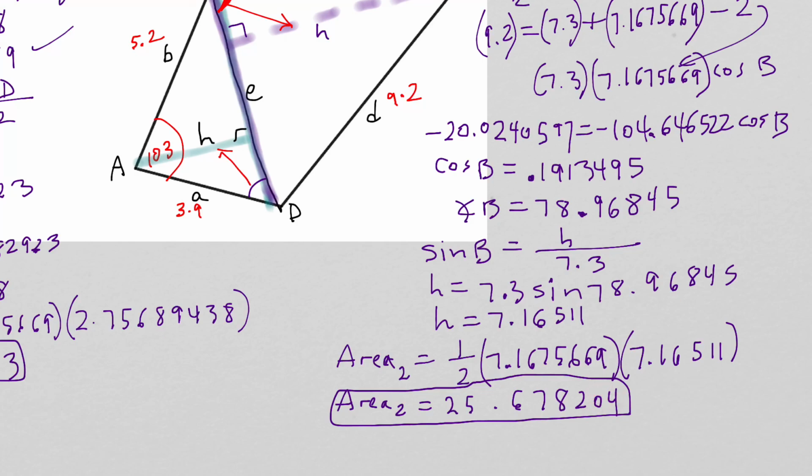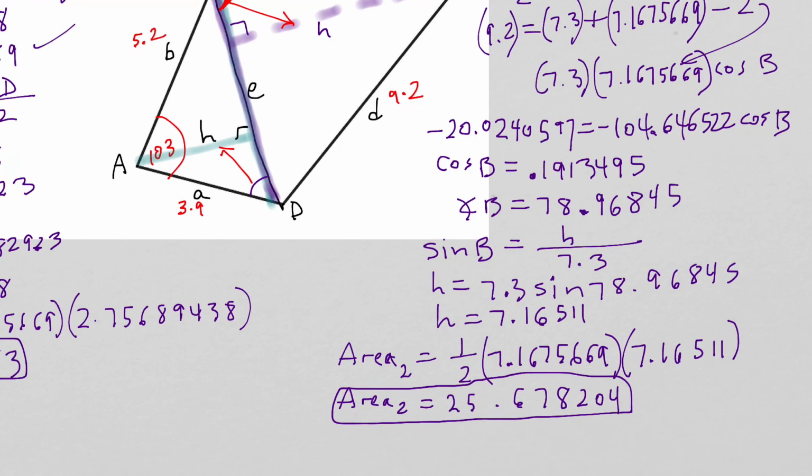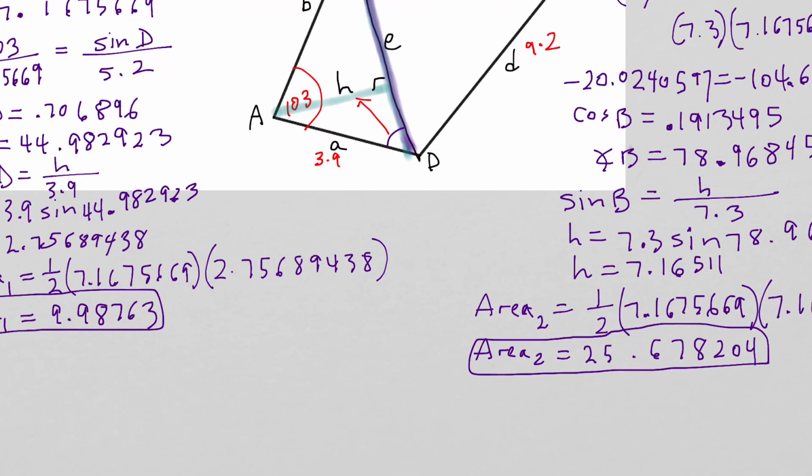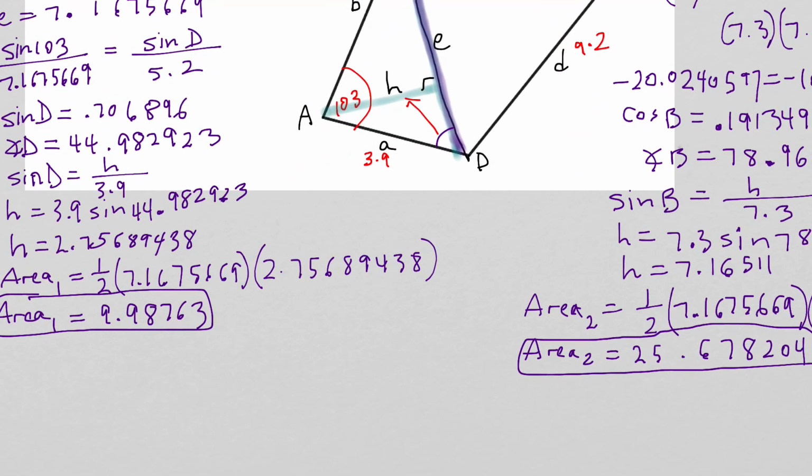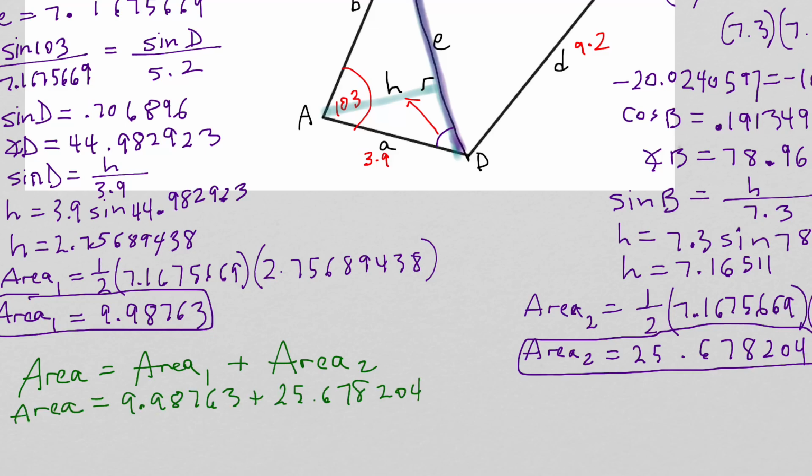All right, so now I can add those two areas together. Let's just get them in the same window here. Here's area 1 for this triangle, area 2 for this triangle, and that'll give me the area of the quadrilateral. So our total area is area 1 plus area 2. I add both of those numbers together, and I get my final answer here.